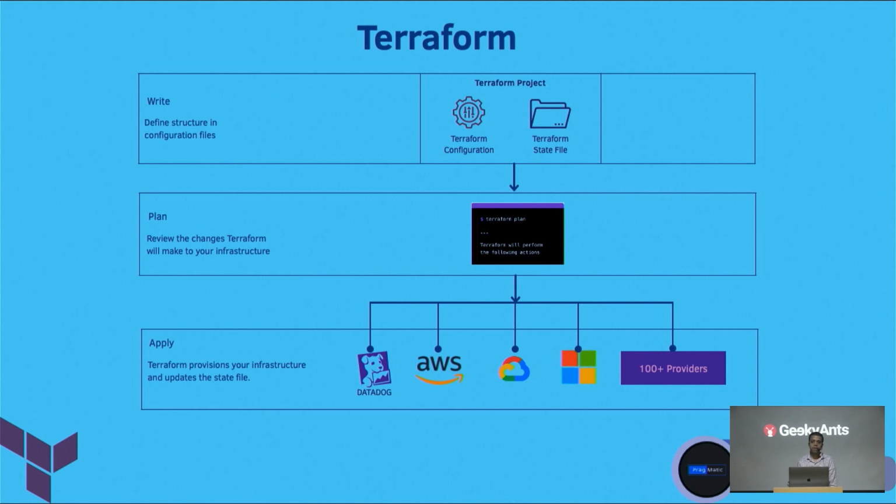And then you just run Terraform to plan and see what happens if the code will run. So it's kind of like a staging environment, just like in Git. Before you actually do anything, you can do a Terraform plan and it will show you what exactly it's going to build. And then, of course, if you're satisfied with everything, you can go ahead and do a Terraform apply, and then it will provision your infrastructure.